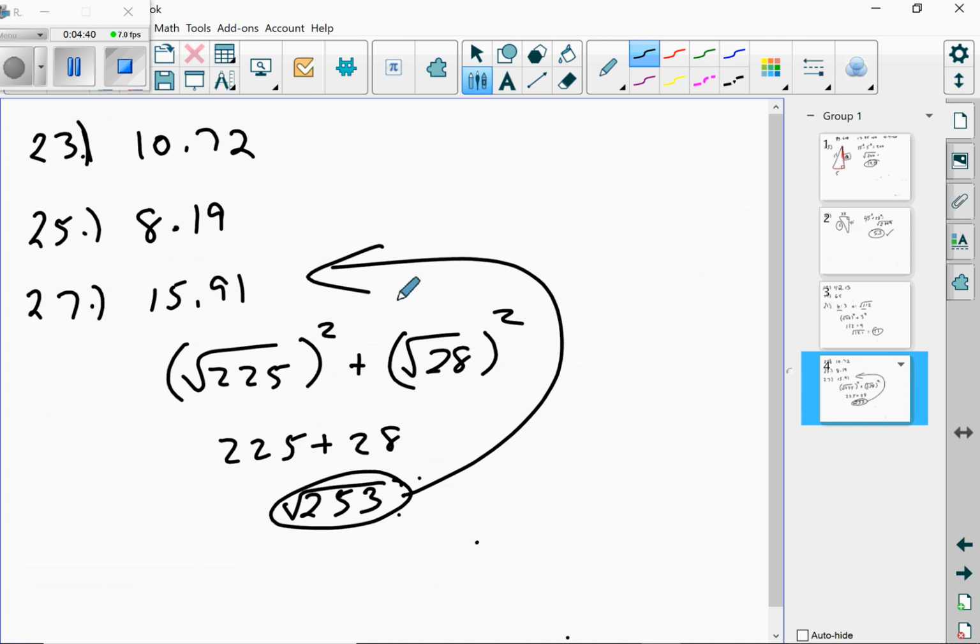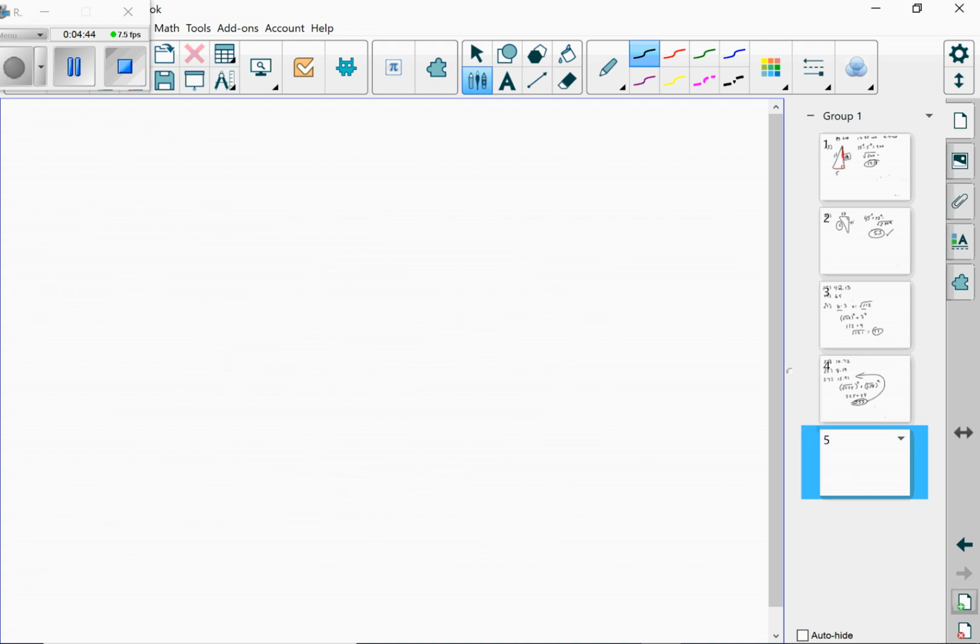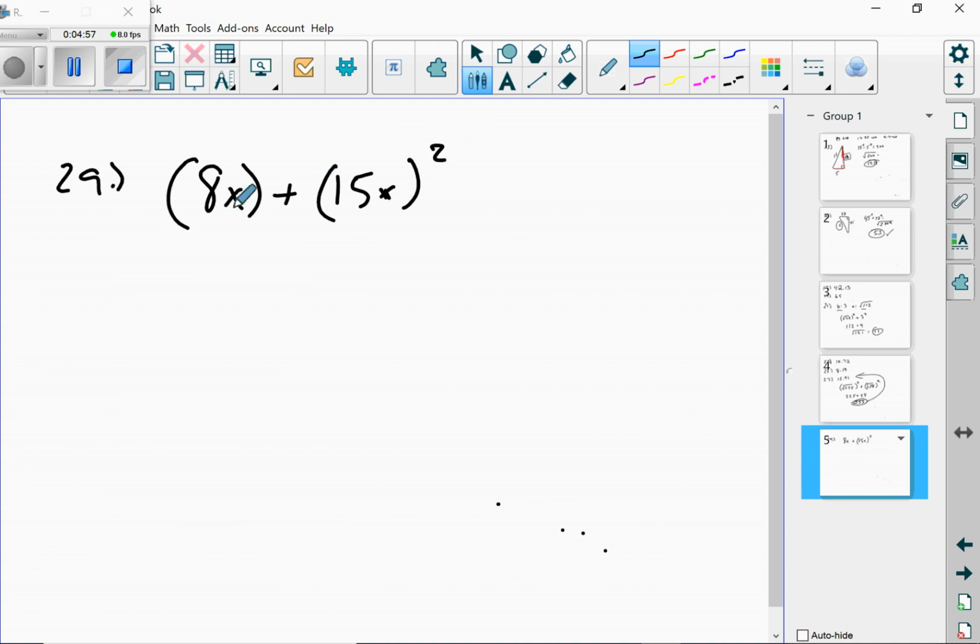I'm sure you want some help on number 29, so here we go. 29, we got 8x is A, and 15x is B. I'm trying to find C, which means I need to square these and add. All right, so this is going to be 64x squared plus 225x squared.